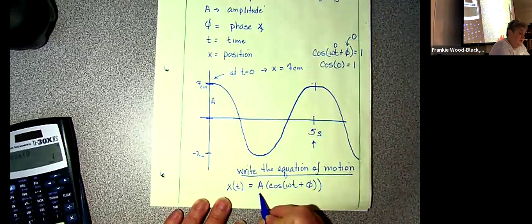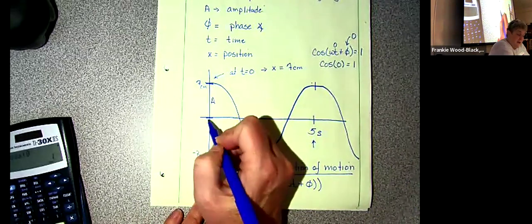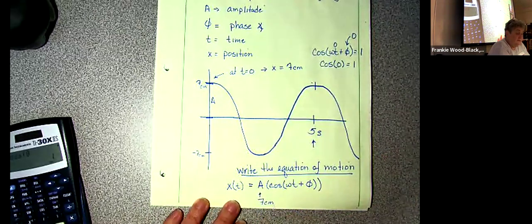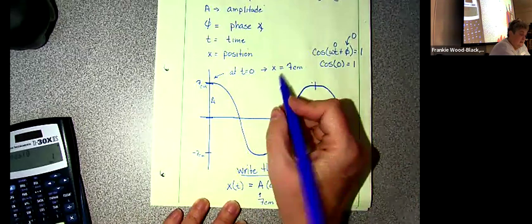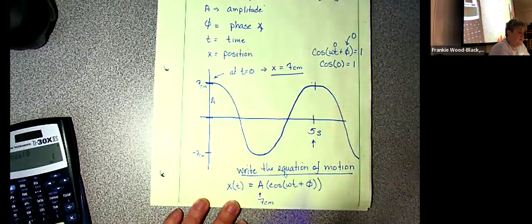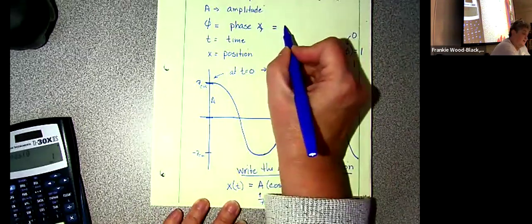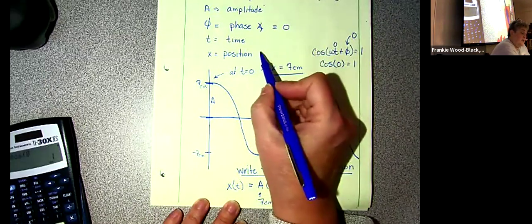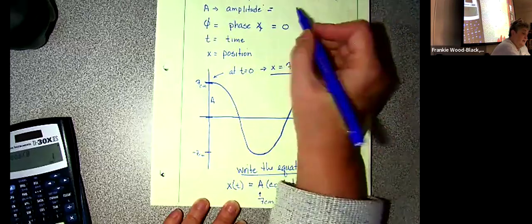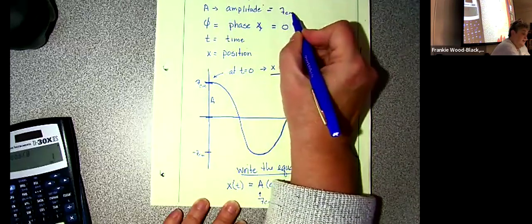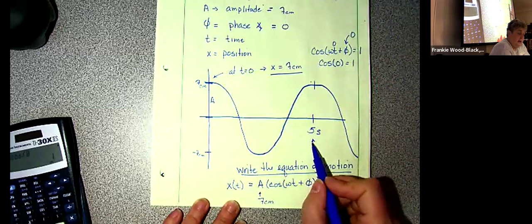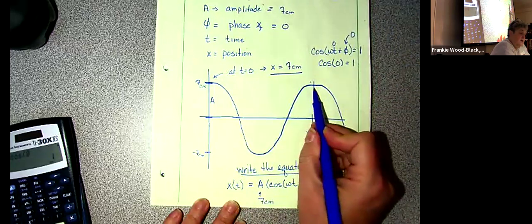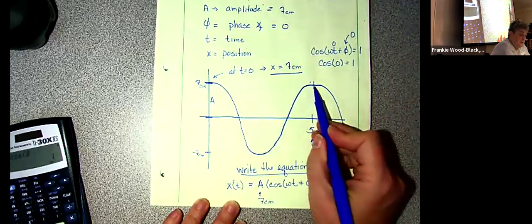We know that A, just reading it off of my graph, is going to be 7 centimeters. That's my amplitude. My phase angle is 0. My period is 5 seconds because it goes from here to here, one complete cycle.